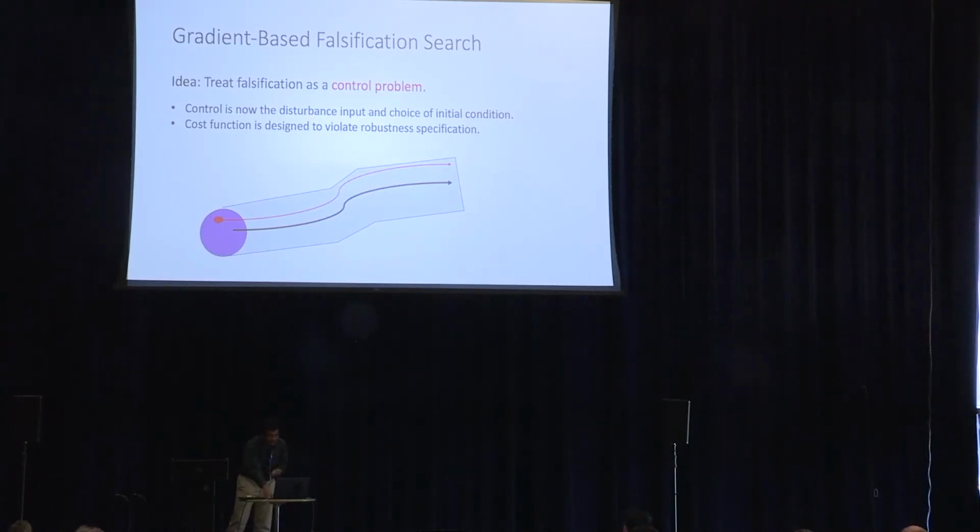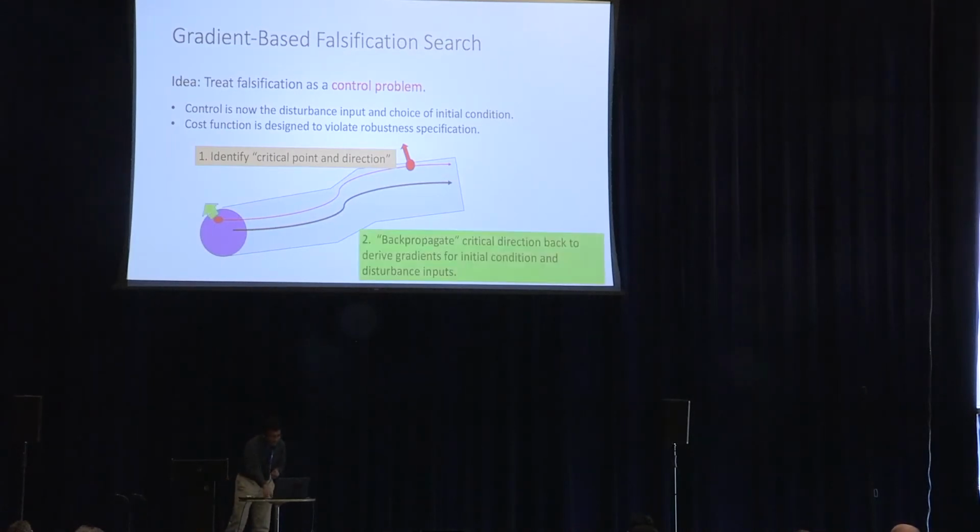The details are in the paper. But roughly, we identify a critical point and a critical direction that we would like to move the trajectory along. And we do something that is exactly backpropagation. We unroll the neural network's n steps. We do a backpropagation. It's very, very uncannily exactly like backpropagation, except it's trying to disrupt the system instead of trying to train the system.